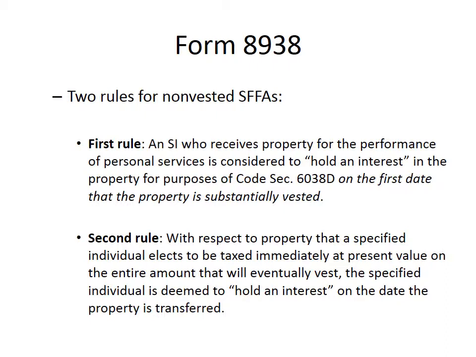So, with the second rule, we're dealing with a situation where the individual elects to be taxed immediately at present value on the entire amount that will vest at some later time. In that case, the specified individual is deemed to hold an interest on the date of the transfer of the property.